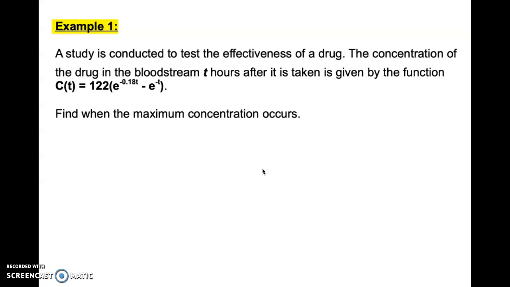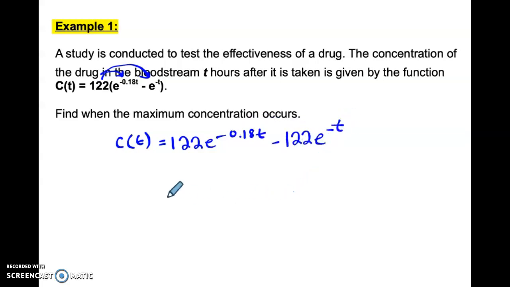To take the derivative of this, you could start right away by taking the derivative as it is, or you can multiply this 122 in if that helps you. I'm going to start by doing that. And now I would take the derivative of this function, so I'm finding c prime of t.